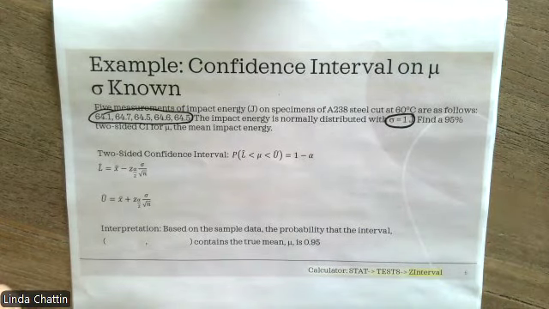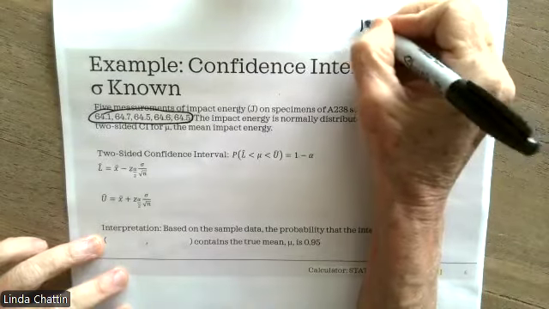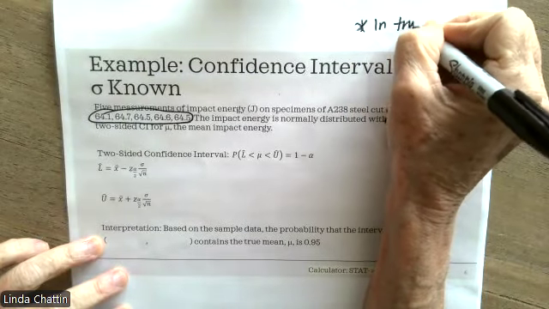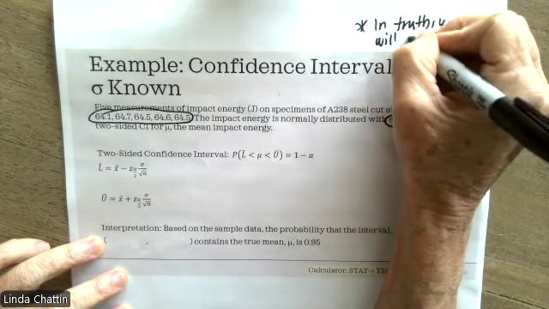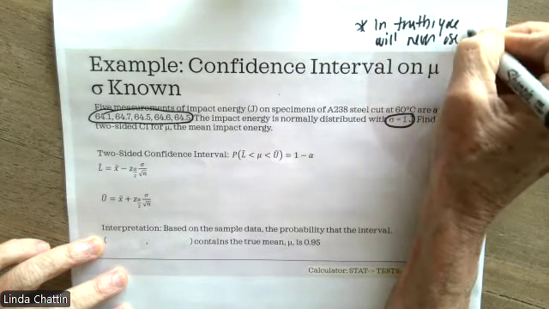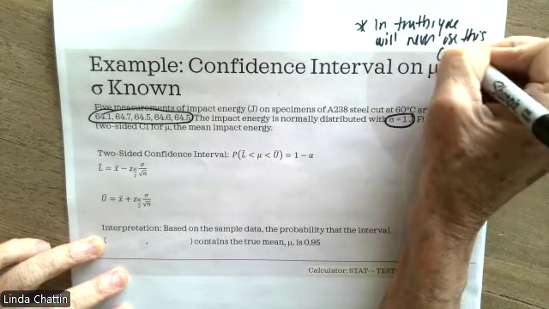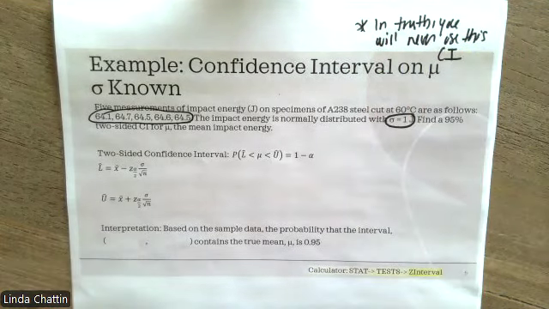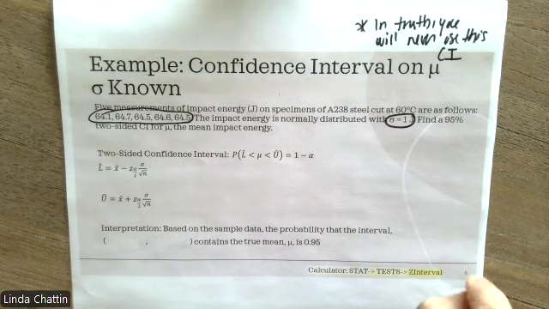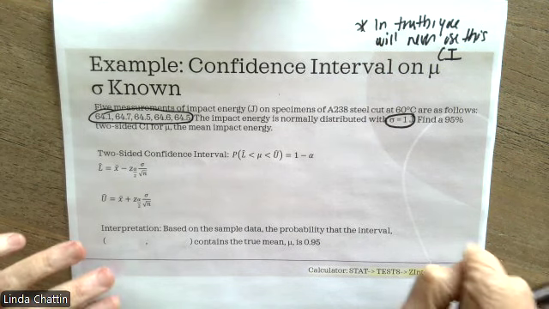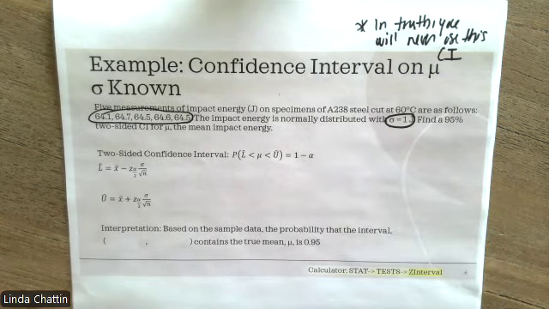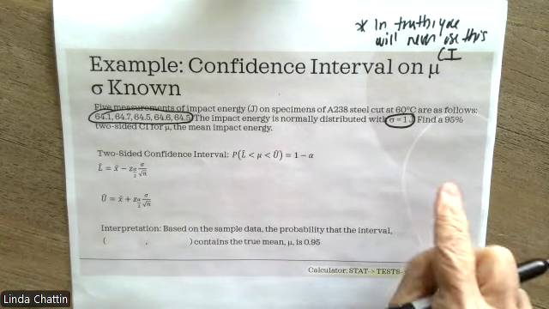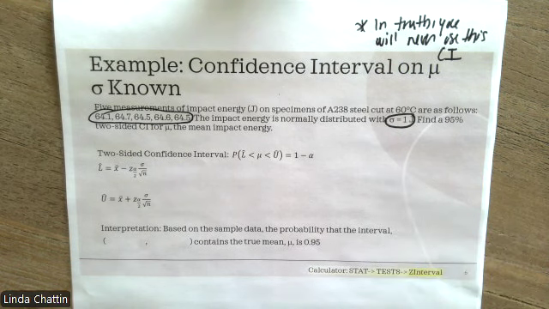Now, we really don't know what it is, and honestly, in truth, you will never use this CI. Now, you might, I guess. I shouldn't say never, almost never, because you almost never know what the standard deviation is. So the next section that I'm going to be teaching is when we don't know what sigma is and we have to estimate it by S. But this is a good way to introduce what confidence intervals are.